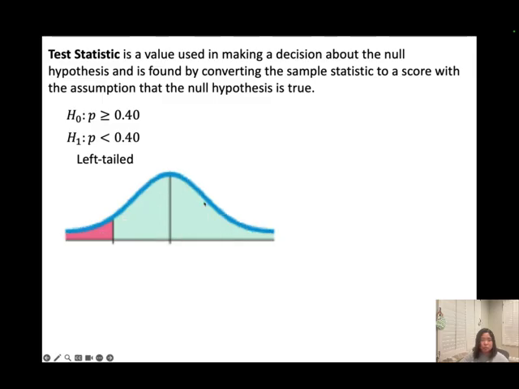So my picture is going to look like this, right? When we have the left tail test, the area of the left tail will be equal to your significance level. And this part represents that the event is going to be unusual.